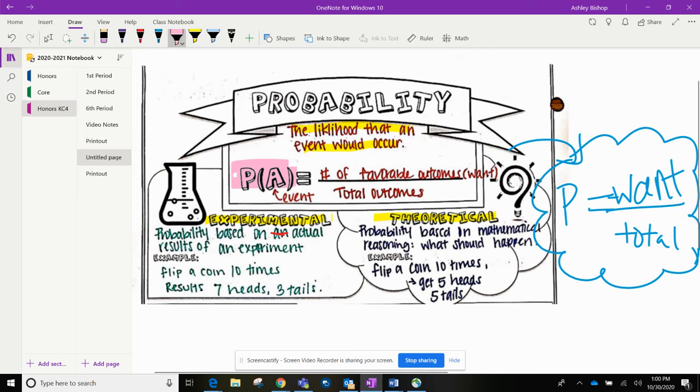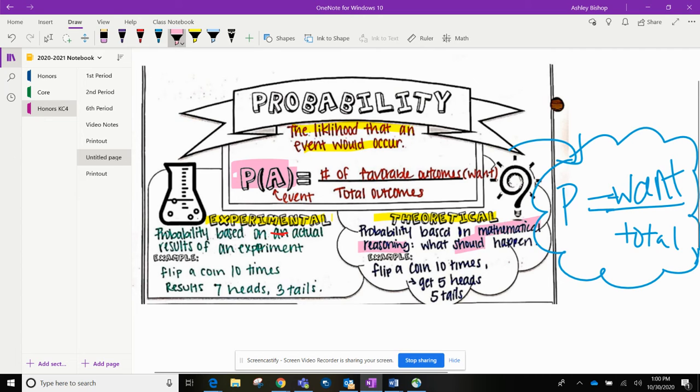Whereas theoretical probability is based on mathematical reasoning. It's what should happen in a perfect world. So if I flip a coin, it should be a 50-50 chance that I get heads or tails, right? I have 1 heads, 1 tails.